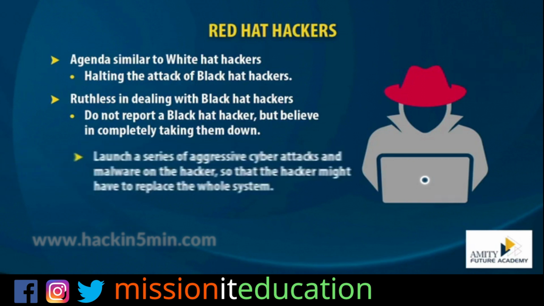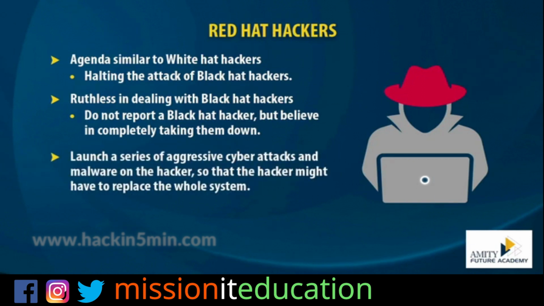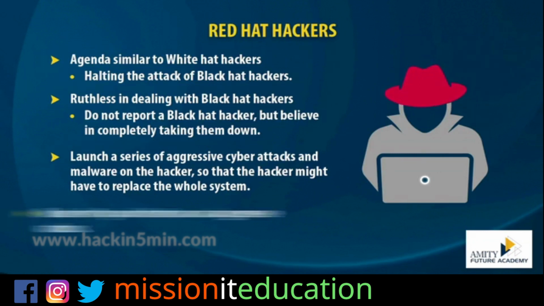A red hat hacker will launch a series of aggressive cyber attacks and malware on the hacker so that the hacker may as well have to replace the whole system. So it's like they harm black hat hackers. That's what red hat hackers are. But their intention is to secure it. They are on the good side, but aggressive towards the black hat hackers.